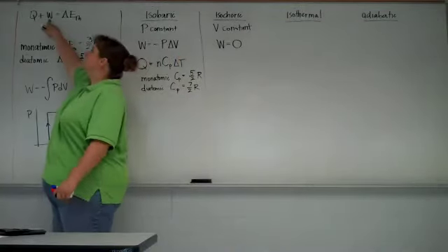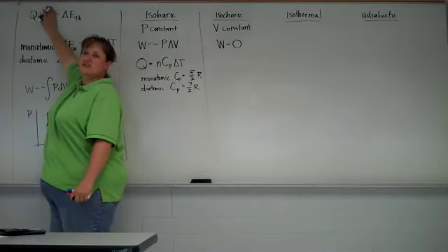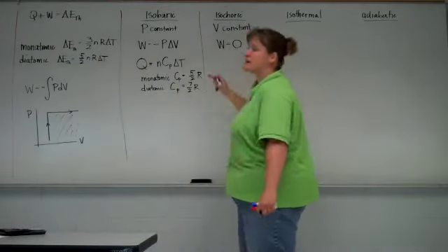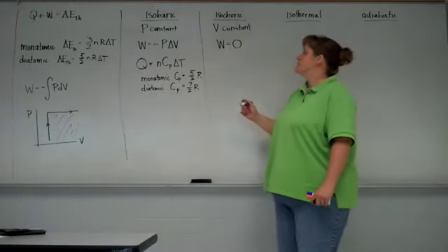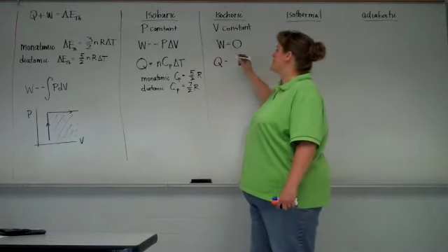By the way, if work is zero, then Q has to equal delta E thermal. So Q is equal to delta E thermal for an isochoric process. We do have, actually, it's the same equation.